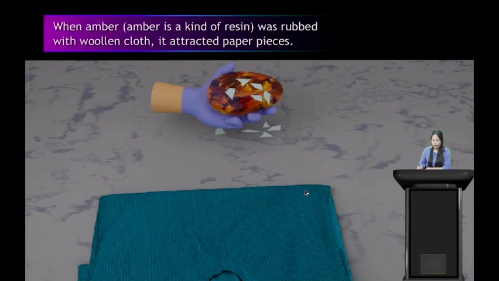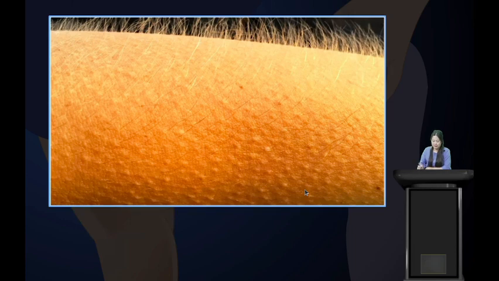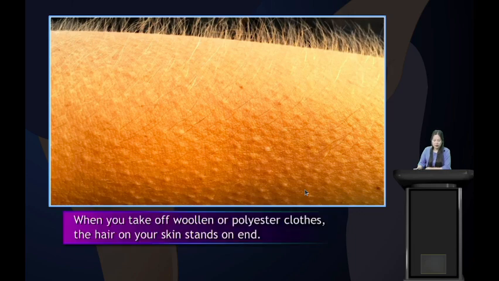Now when we are wearing woolen clothes and remove them, you must have observed that your hair stands up like this. Yes, students. When you take off woolen or polyester clothes, the hair on your skin stands on end. Sometimes you will see sparks, like a mild shock.